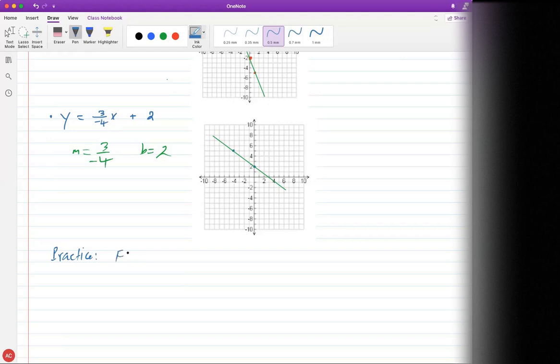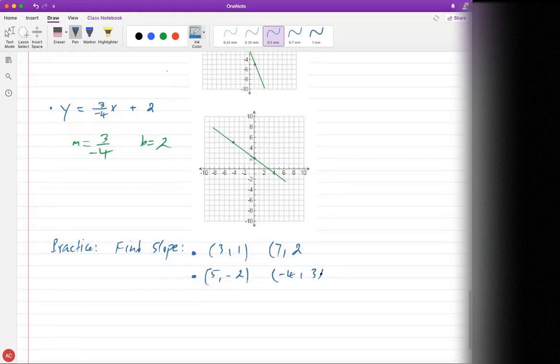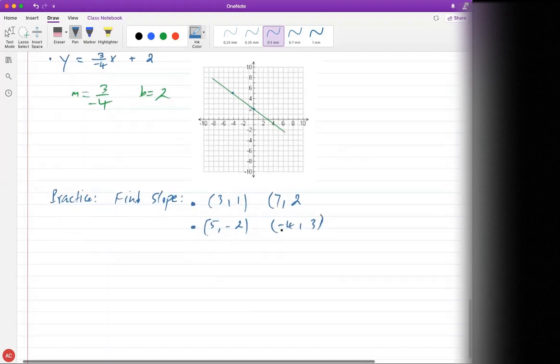First, find the slope using, for example, (3, 1) and (7, 2). First case, second case, maybe (5, -2) and (-4, 3). And the next one.